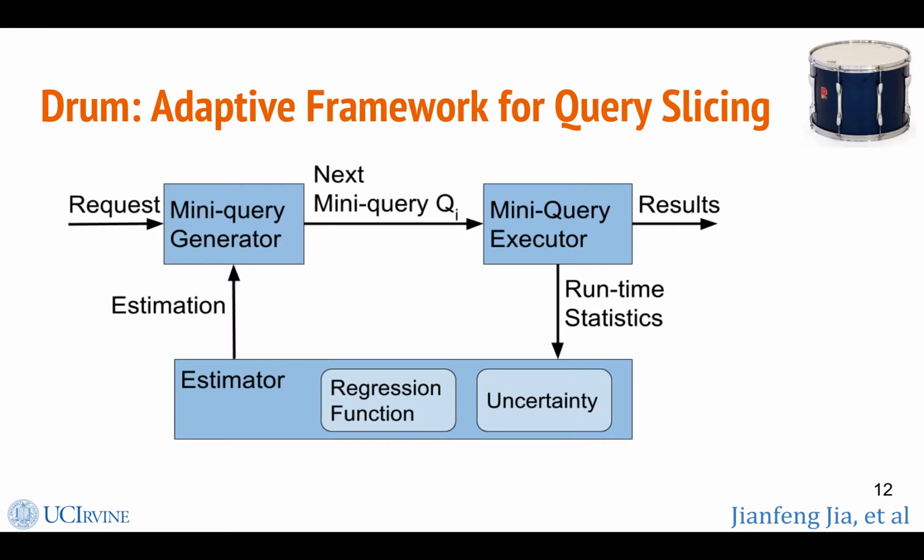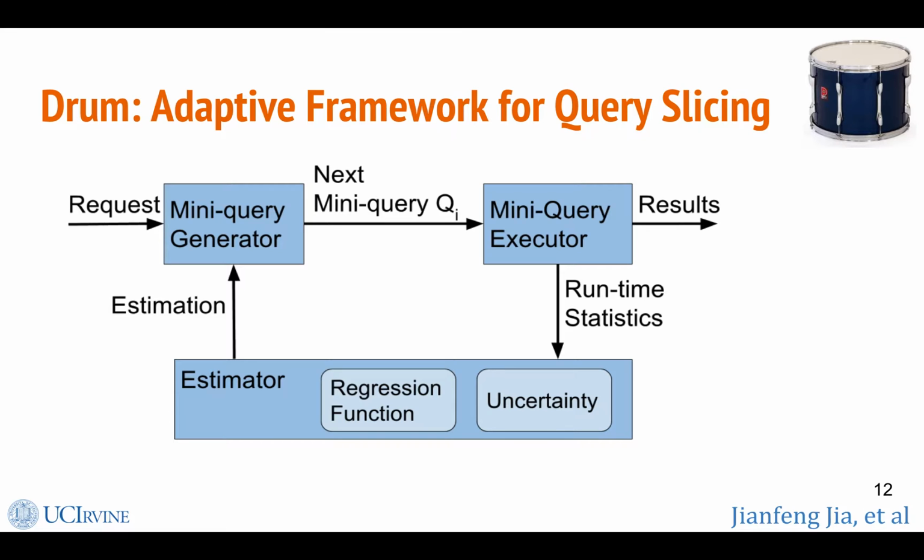Once a query has been formed, the mini query executor will run the query, collect the result, and send it to the downstream operators. At the same time, the mini query executor collects runtime statistics, for example the size of the range and the corresponding running time. Those statistics are given to the estimator to update its estimation models.